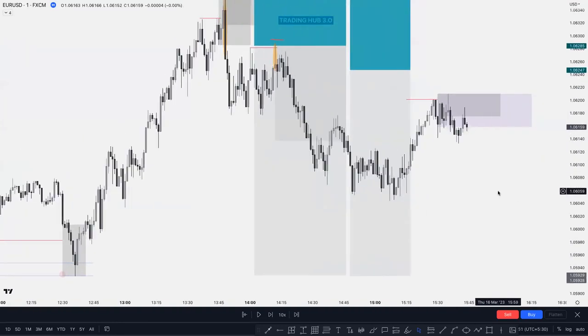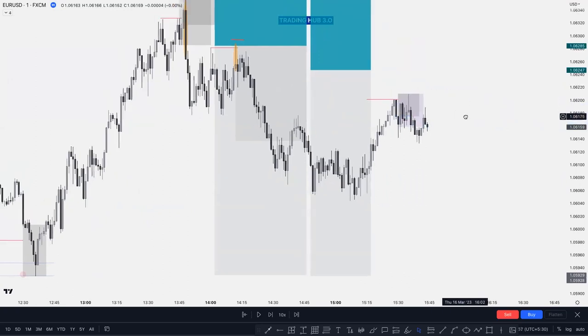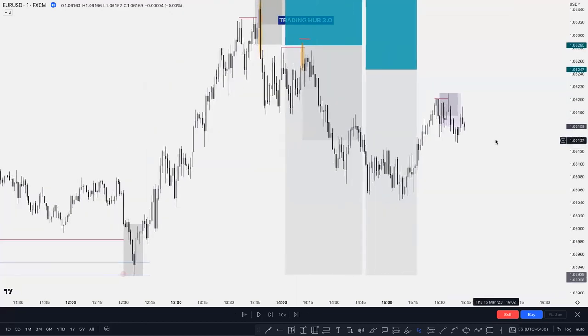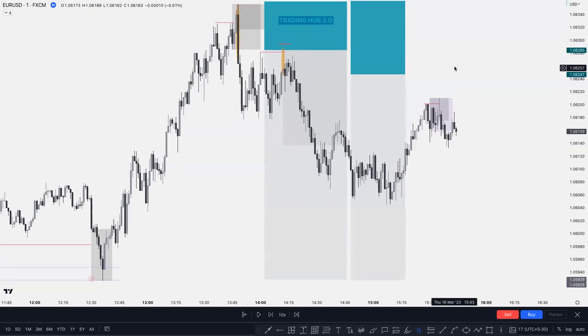There are so many unmitigated order blocks here. When you are planning to sell here, everyone, let's enable the chat section again.